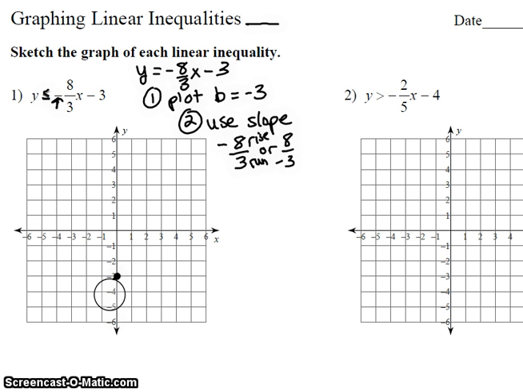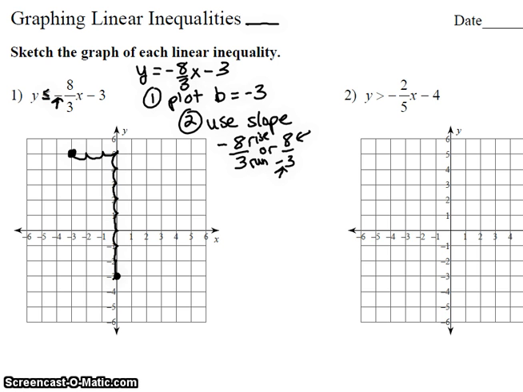I'm going to do it in reverse, which is technically using this slope here. So I'm going to go up 8: 1, 2, 3, 4, 5, 6, 7, 8. And then my run is negative 3, so I'm going to go to the left 3. Still on the graph, so I got my second point.